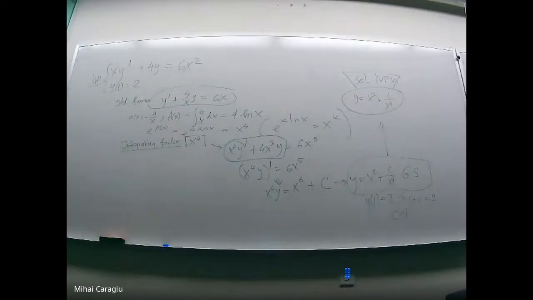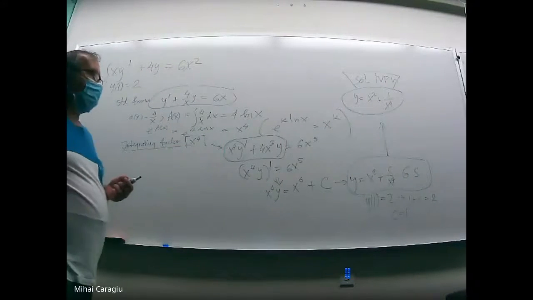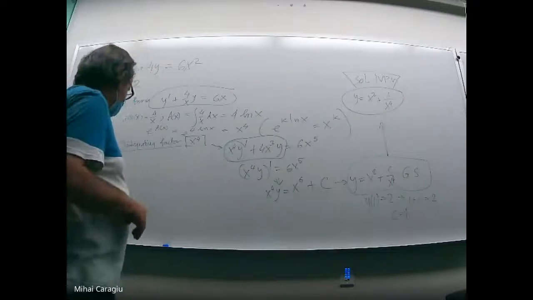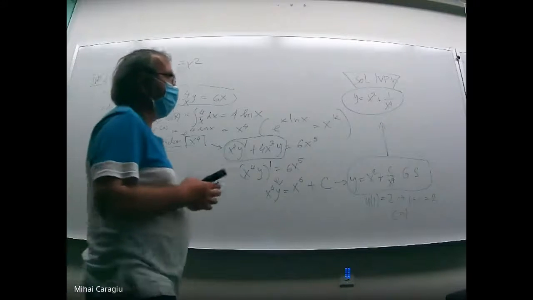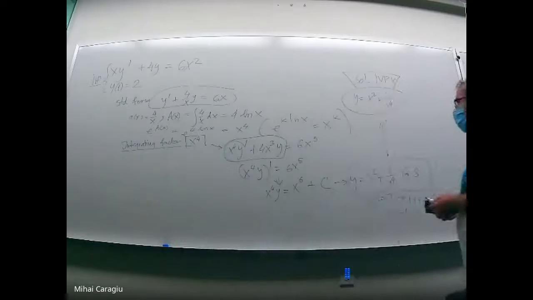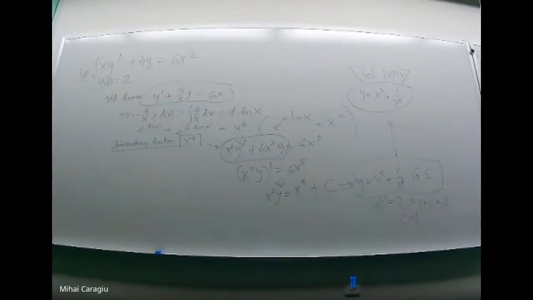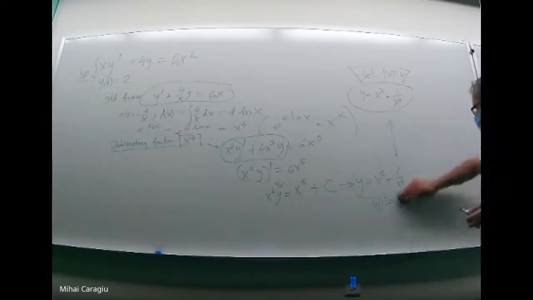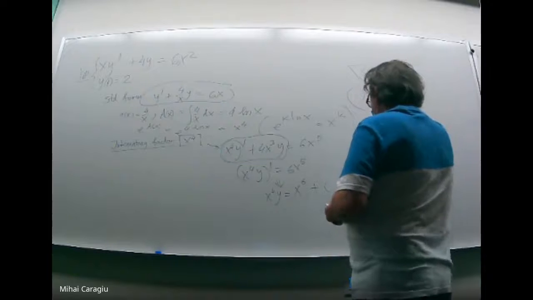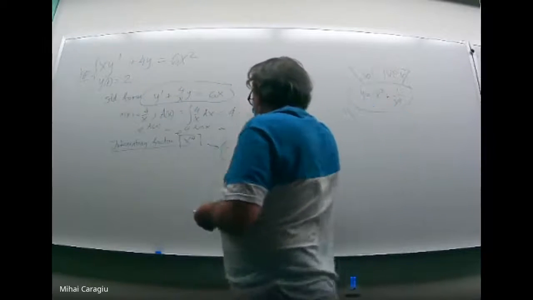The next important type of differential equations in this section will be the Bernoulli equation. Okay, so so much about linear first order. Bernoulli equations will be reducible to linear first order.